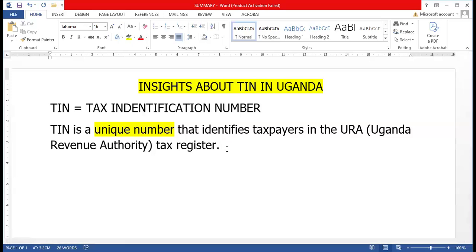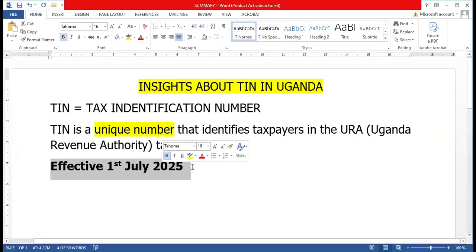Okay, and effective 1st July 2025, Uganda enacted a new law.